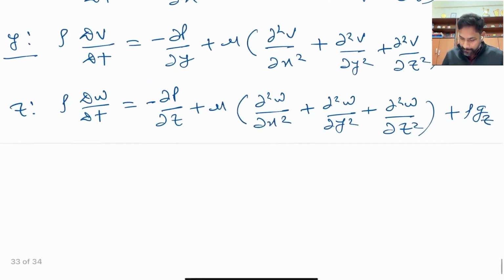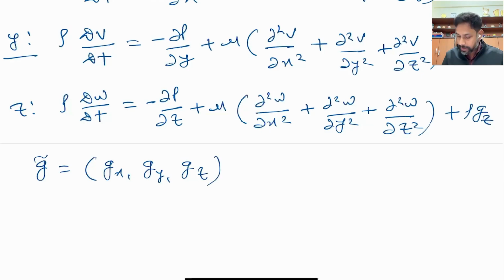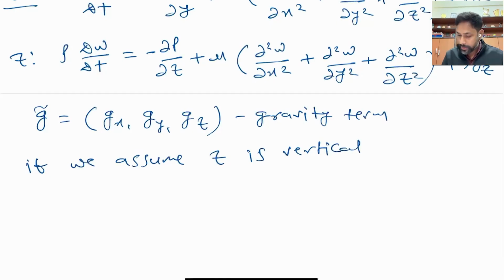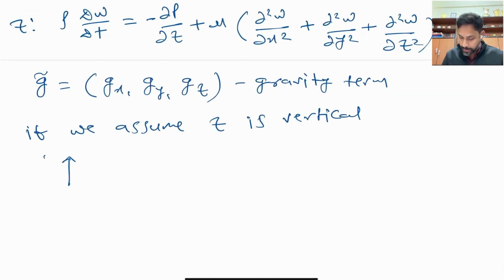And g here is the gravity, which has components gx, gy, gz. If we assume Z is vertical, which means this is your Z axis and then you have your X and Y, in that case you have g in the downward direction, and Z is the upward direction.